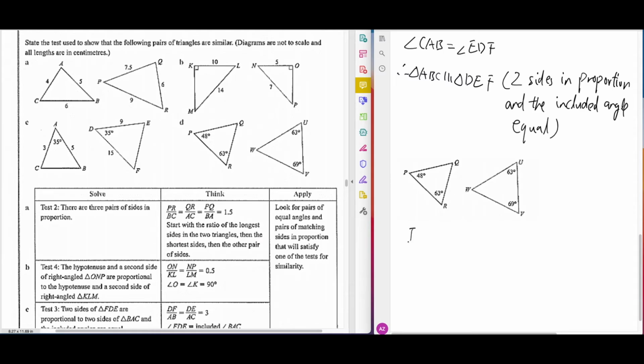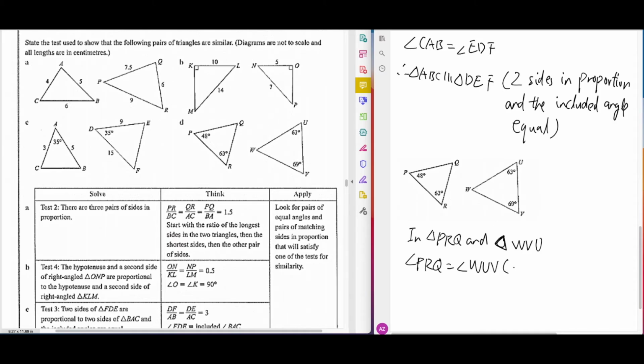So we can say in triangle PRQ and triangle, say, WVU, right? We can say that angle PRQ is equal to angle WUV.